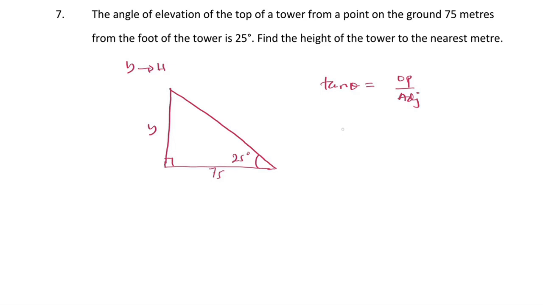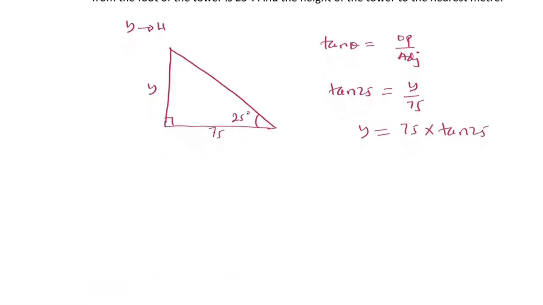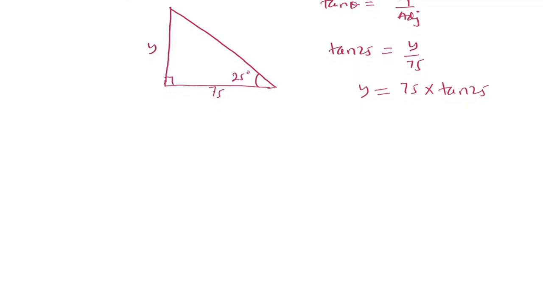Let us now substitute those values into our formula. Then our equation is going to be tan 25 equals to y over 75. Okay, so now let us make y the subject. Then our equation is going to be y equals to 75 times tan 25. We know that tan 25 equals to 0.4663.